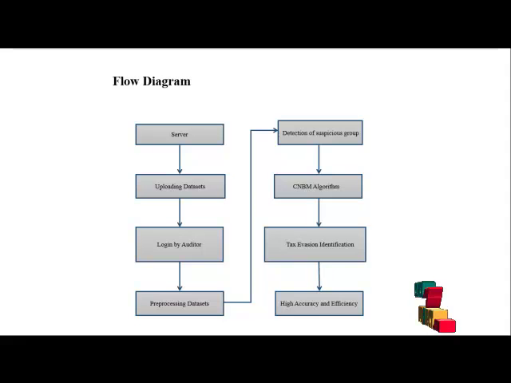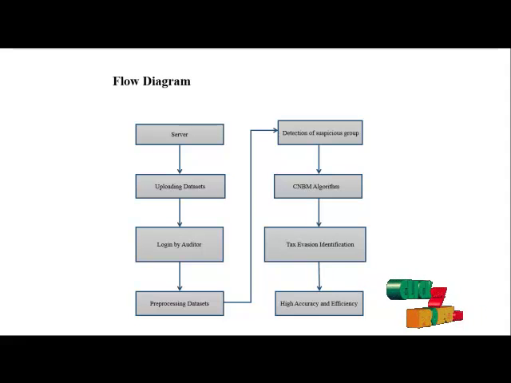In the colored network based model algorithm, we identify the tax evasion identification methods. The evasion of groups of tax method can also be implemented, and finally the output of high accuracy and efficiency can be determined by the TAO. TAO means tax administrative officer.